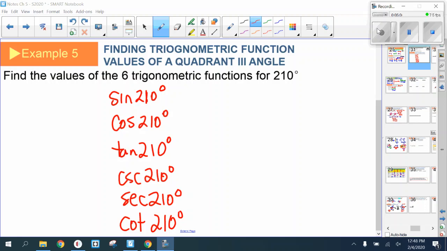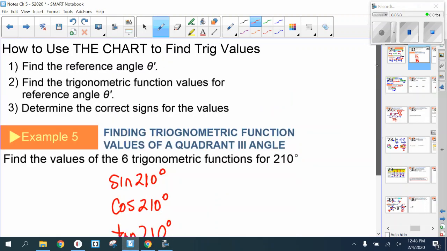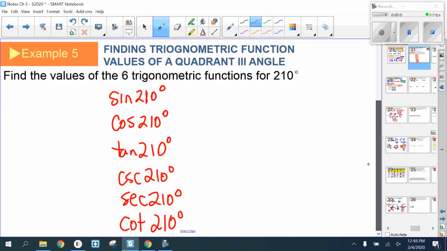If you go back to the steps, it says step 1, find the reference angle. So we've got a 210 degree angle, so think about where that is. 210 degrees, remember here's 180, and here's 270. So 210 is going to put me into the third quadrant.